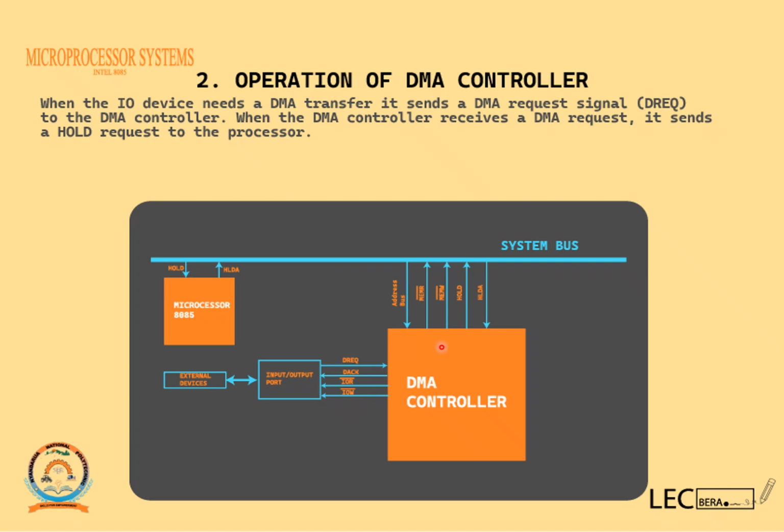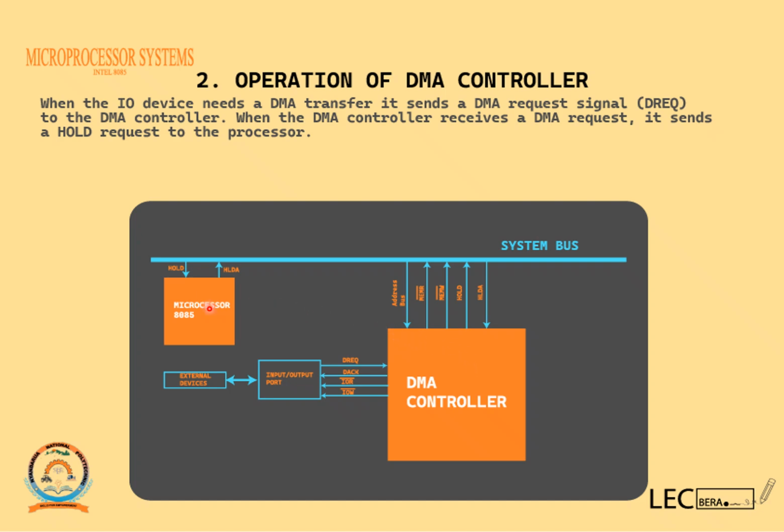So anytime we want to exchange data, the input-output device is going to request the attention of the DMA controller. When the input-output device is ready to exchange data, it requests the attention of the DMA controller through this signal, which is called the DREQ signal. Upon the DMA controller receiving the signal, it will send a signal to the what?